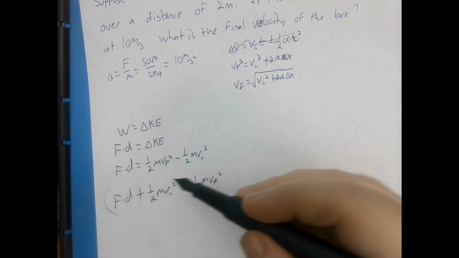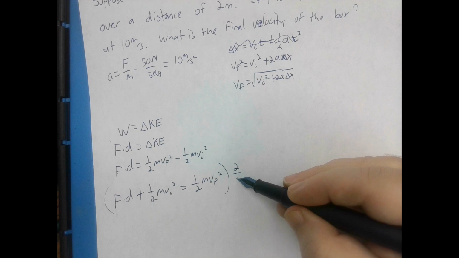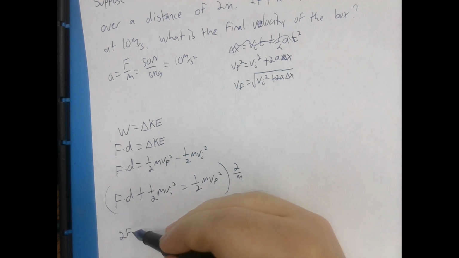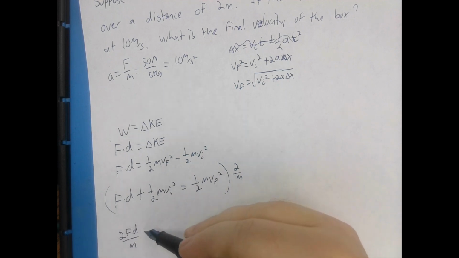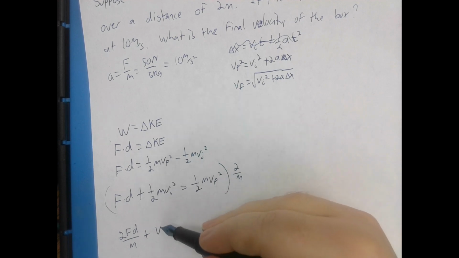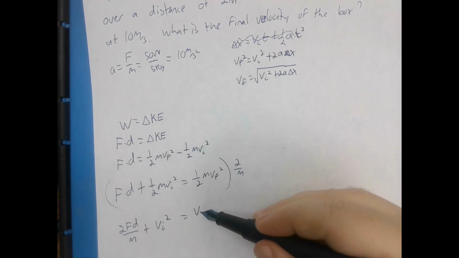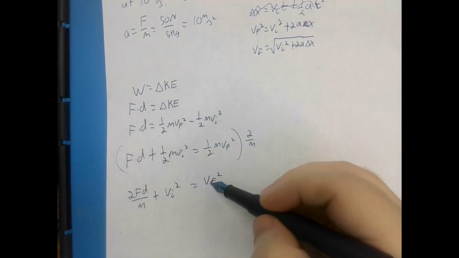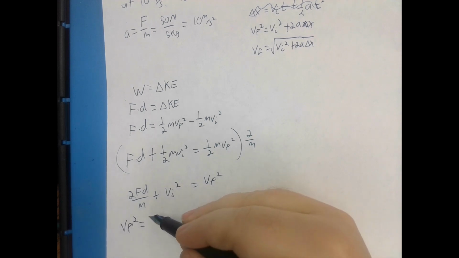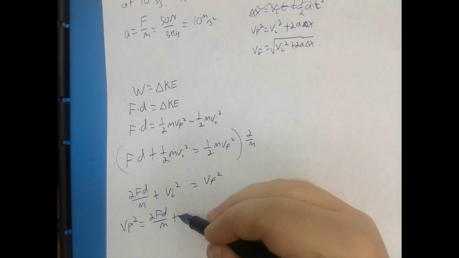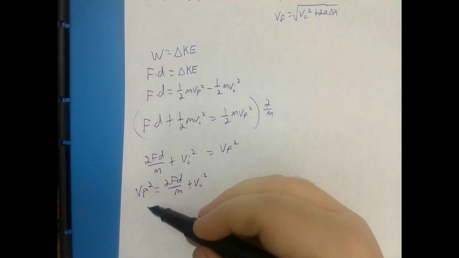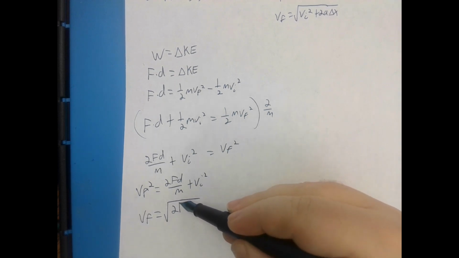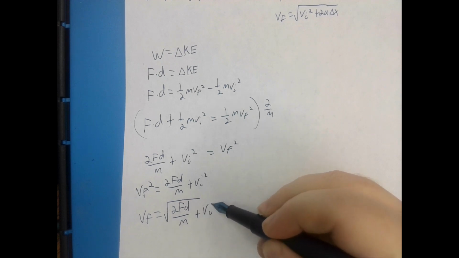Multiply both sides by 2 over m to cancel out the m over 2. So that would be 2 times force D over m, plus vi squared, equal to vf squared. Then I can take the square root. vf is equal to the square root of 2FD over m plus vi squared.